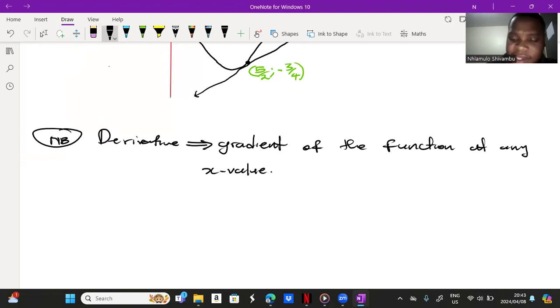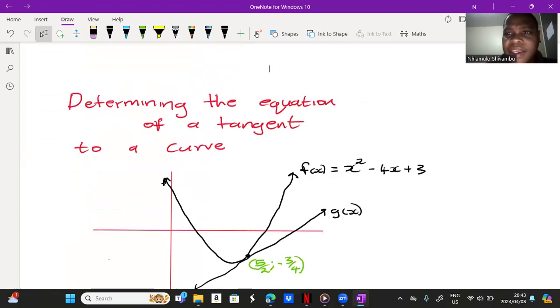So this means that when you're given the function as f of x, the derivative of that function means that you are calculating the gradient of the function at any x value, right? So that's what you must note.